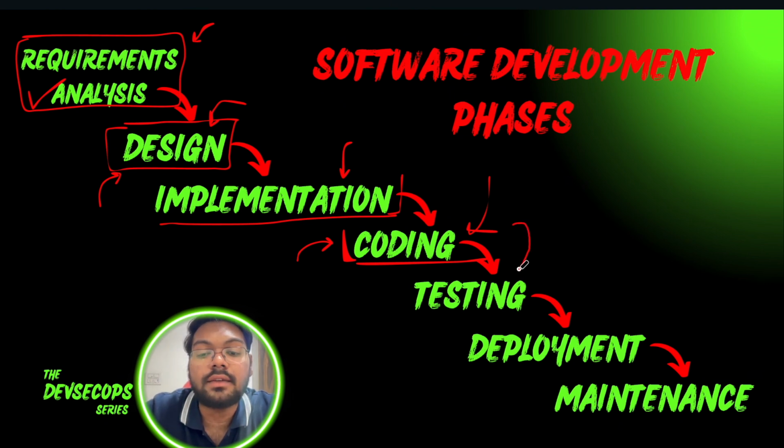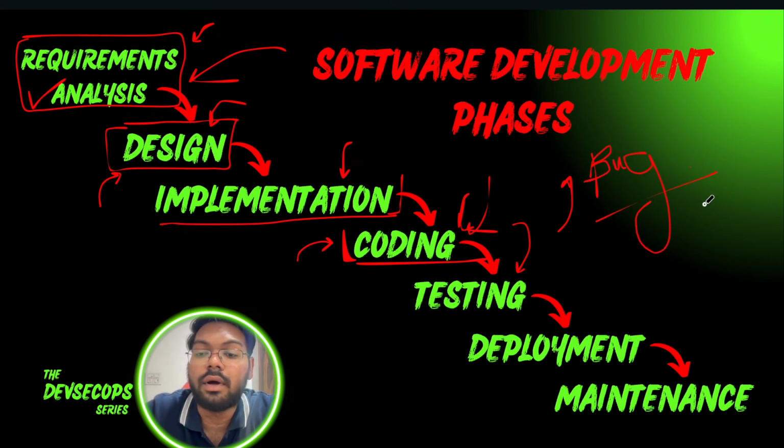Then next is the testing phase. Once the development team has created their code base or project, the testing team checks the functionality of what the development team has built. They check if it is working as per the expectations we set in the requirement analysis. If it works fine, then it's all okay. Otherwise, raise a ticket which describes that this is a bug.